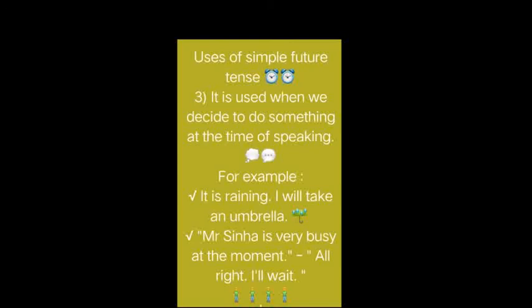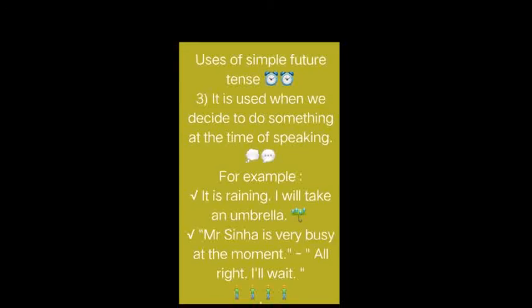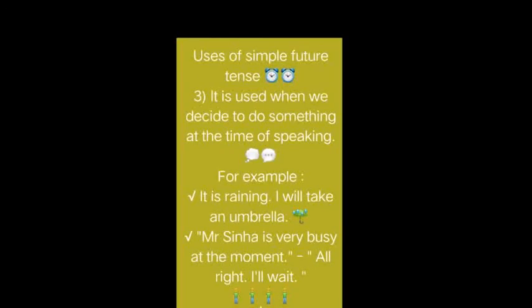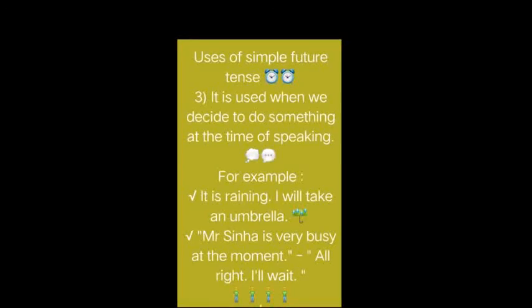So simple future tense is used to tell something that you decide at the time of speaking. The next example is, Mr. Sinha is very busy at the moment. All right, I will wait, or I shall wait. So it is also used to express your decision to do an action at the time of speaking.